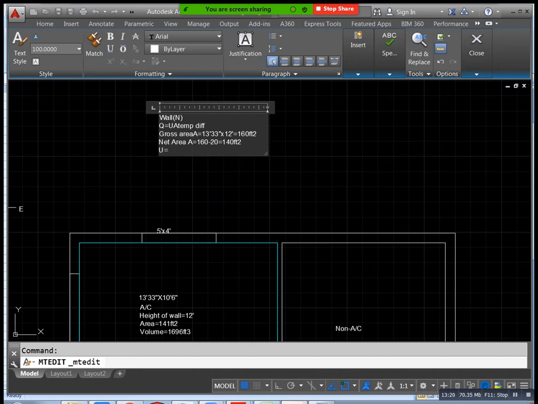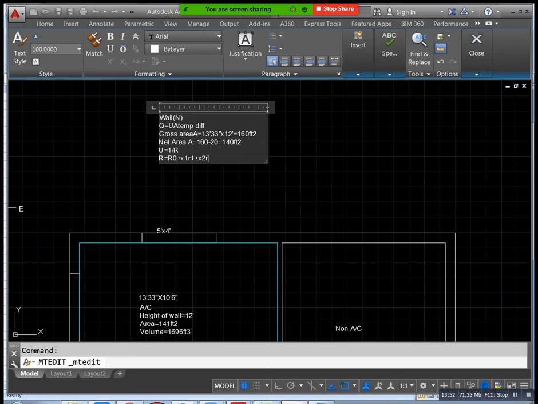Summation R is equal to RO plus x1 R1, next x2 R2 plus x3 R3 plus Ri, like this. Depending upon our wall layers, you get this.